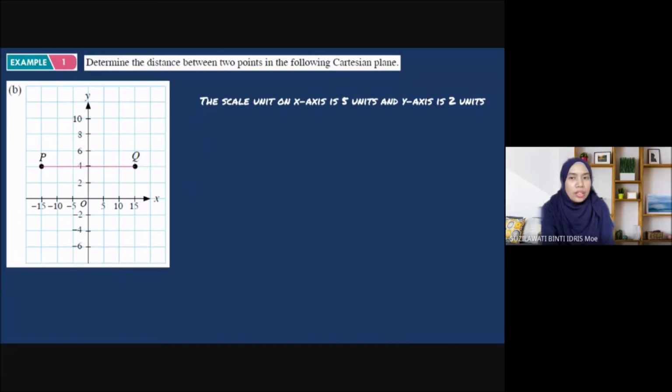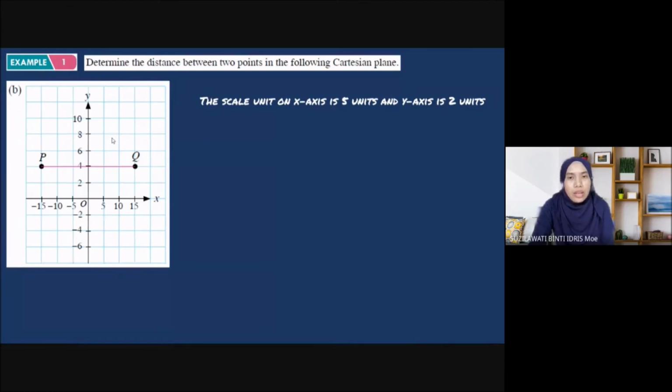Okay, dia bagi scales kat situ. The scale unit of x-axis is 5 units and y-axis is 2 units. So you need to look at the scale. Kena tengok skala. Kalau kita nak tentukan distance, we always have to look at what scale given to us. Kalau macam tadi 1 unit saja senang, 6 kali 1. But this time x-axis 5 unit, y-axis 2 unit.